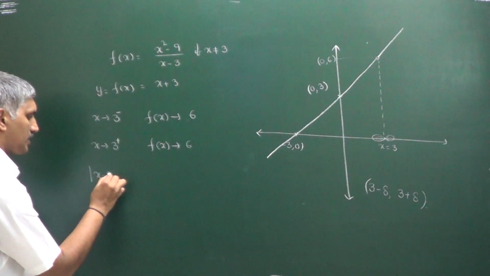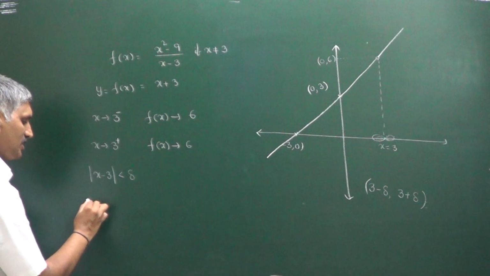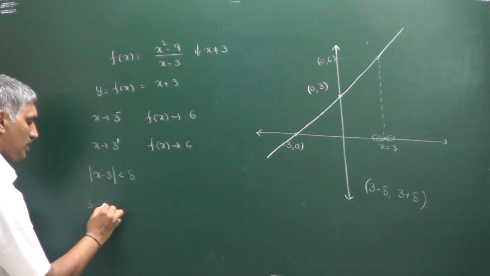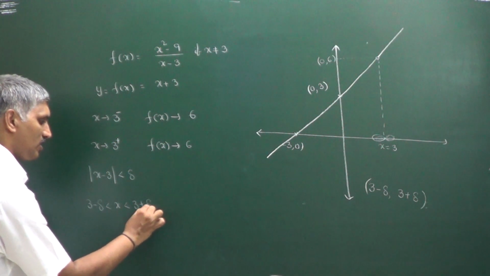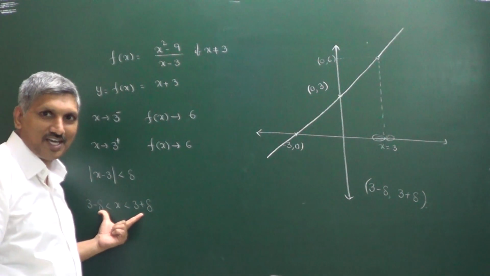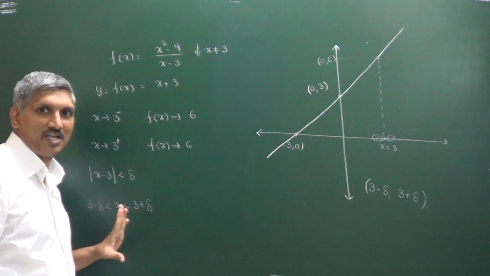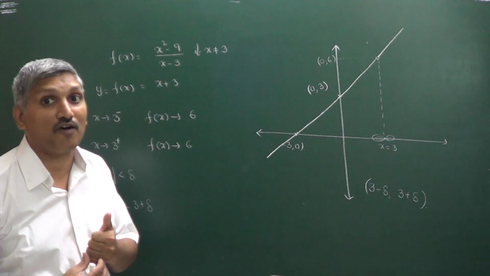Modulus of x minus 3 less than delta. What is the meaning of this? 3 minus delta less than x less than 3 plus delta. When x values are in the deleted neighborhood of 3, that means in and around 3, yet at 3 it is not defined. That's why it is the deleted neighborhood of 3.